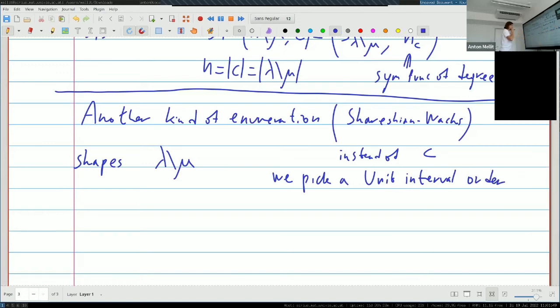So what is a unit interval order? One way to say what a unit interval order is, is to use a so-called Kettenberg function. So this is the same thing as the Kettenberg function.